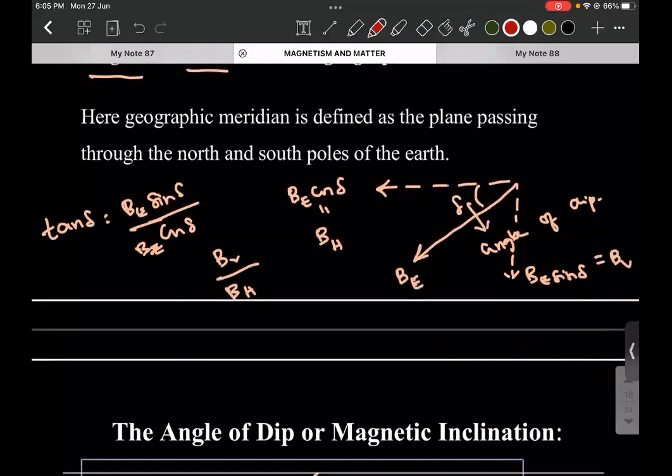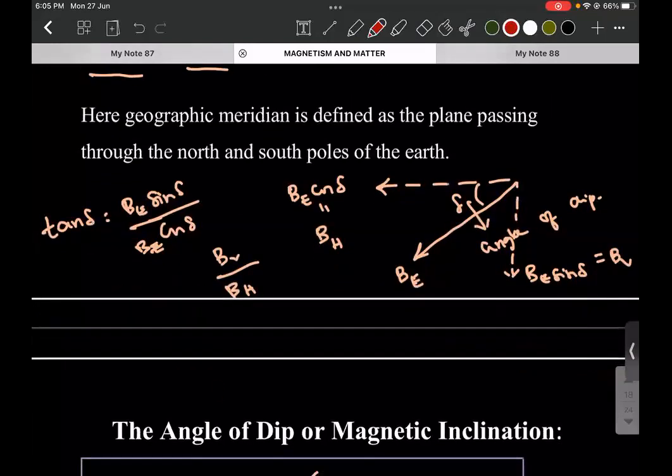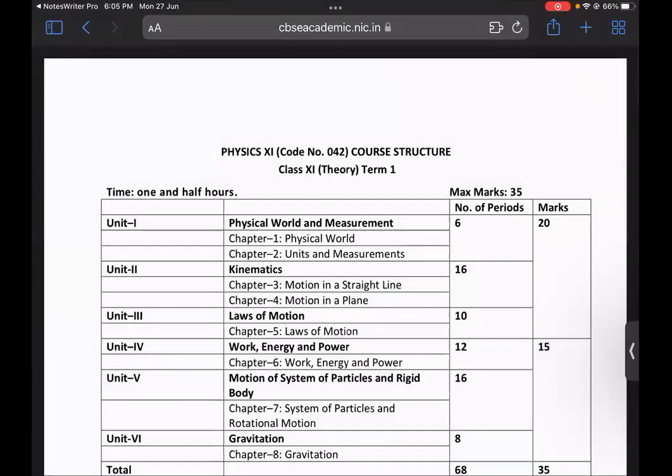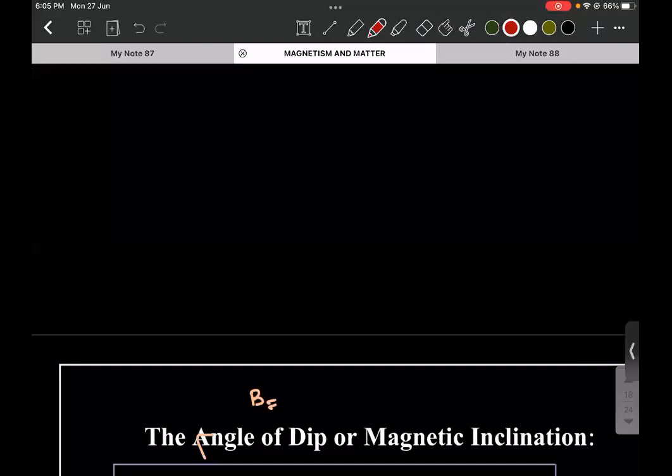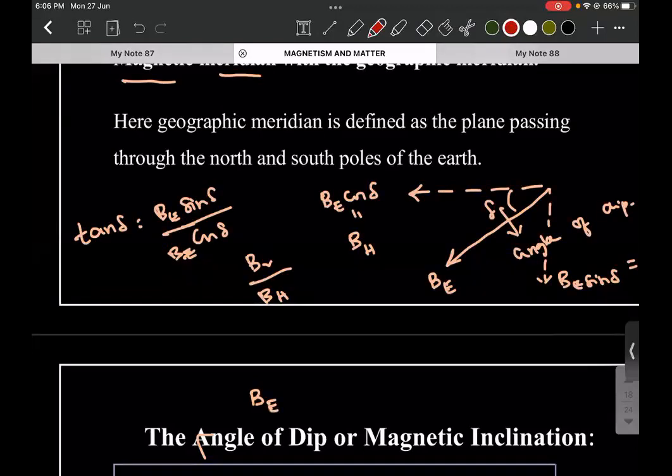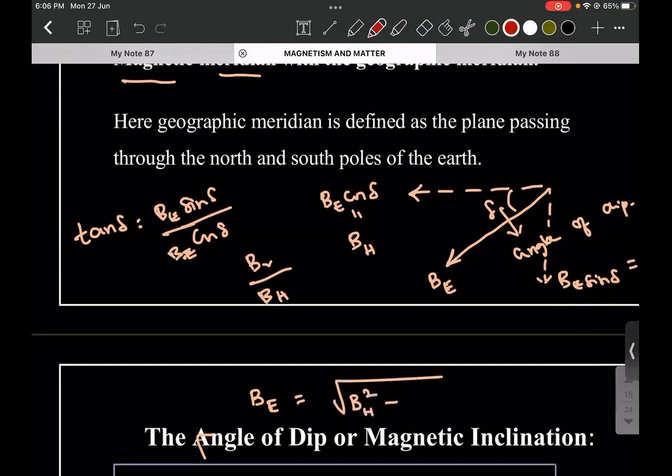Similarly, the last point is, what is the relation between BE, BV and BH? BE, can I write it as root of BH square plus BV square? Can I do that?